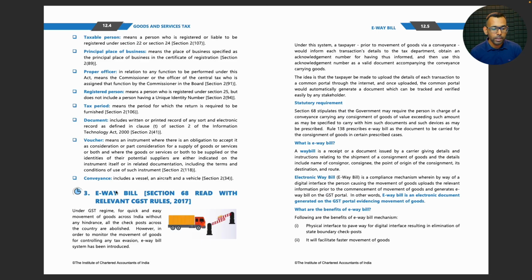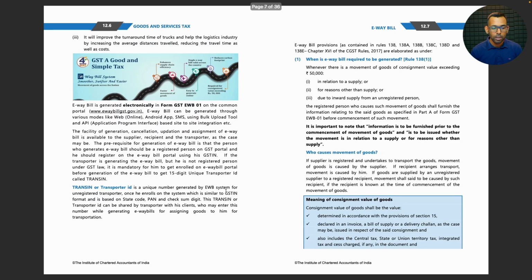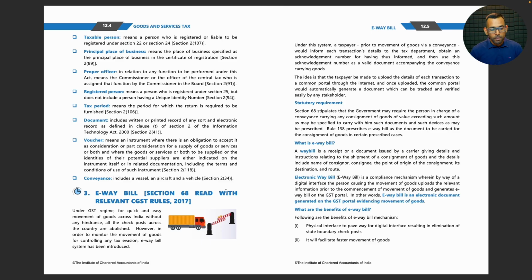Let's move to e-waybill, section 68, the charging section, and then the relevant CGST rules. Under the GST regime, for quick and easy movement of goods across India without any hindrance, all the checkposts across the country are abolished. However, in order to control tax evasion in the movement of goods, the e-way bill system has been introduced.